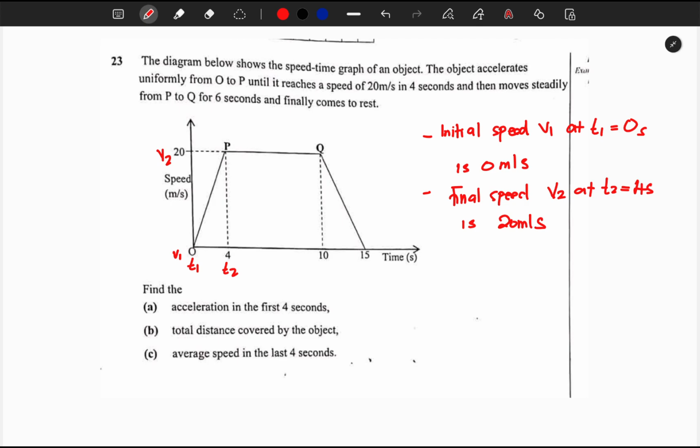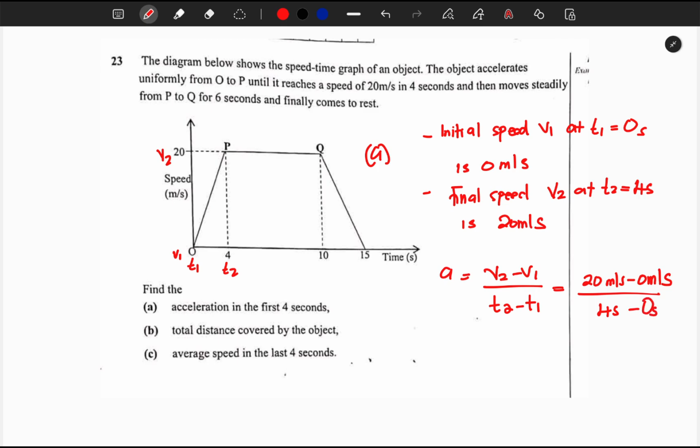Then acceleration is given by v2 minus v1 over t2 minus t1. Plugging in everything, we have 20 meters per second minus 0 meters per second, divided by t2, which is 4 seconds, minus 0 seconds.